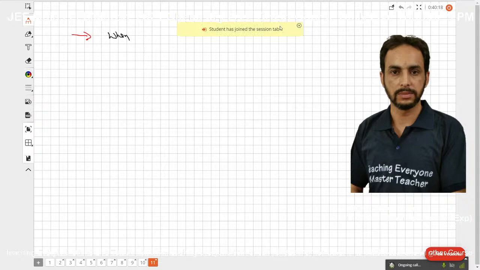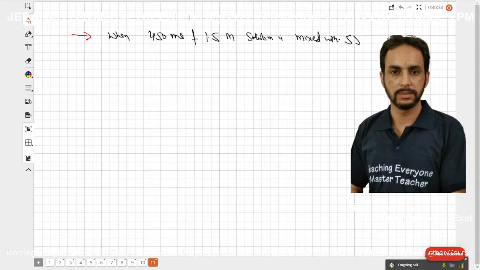When 450 ml of 1.5 molar solution is mixed with 550 ml of 1.2 molar same solution, what will be the final concentration of the solution?